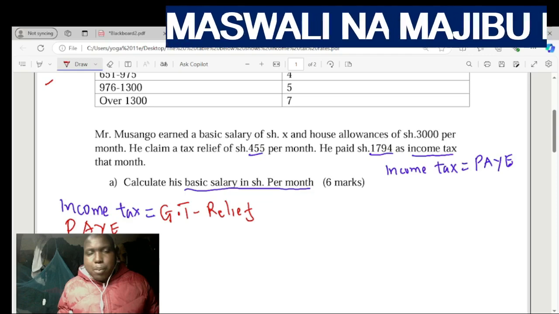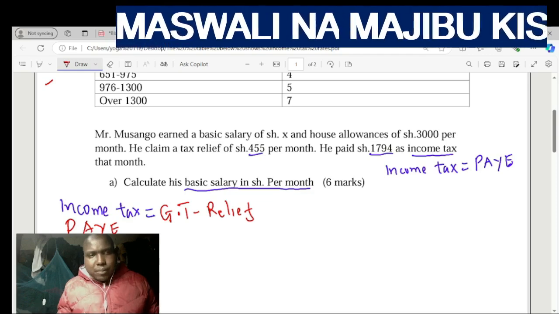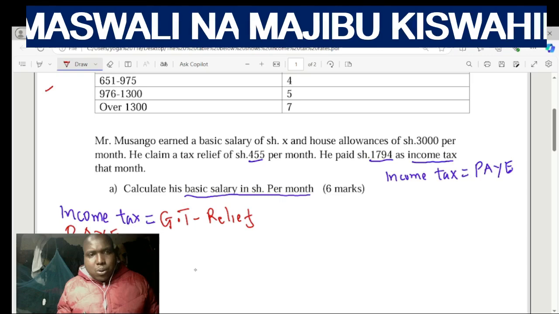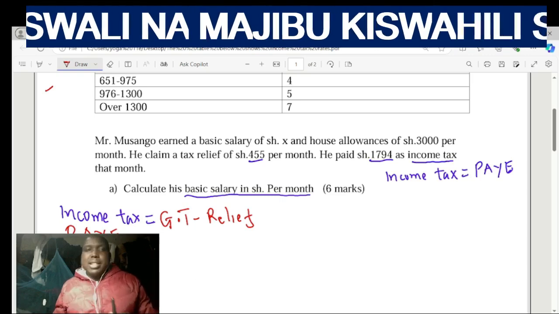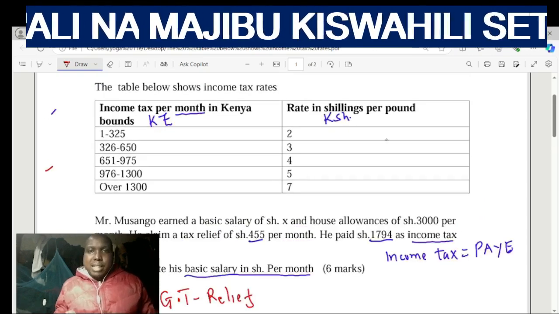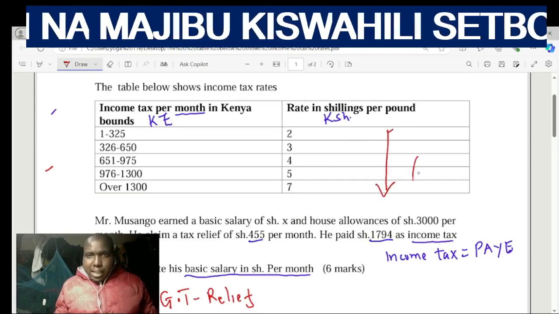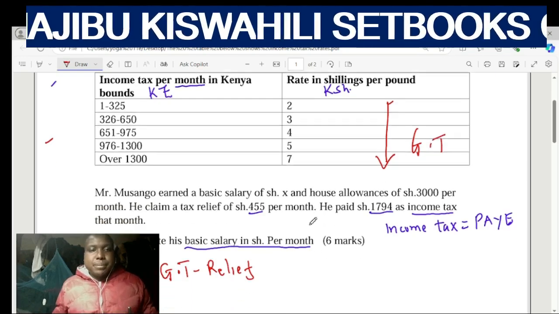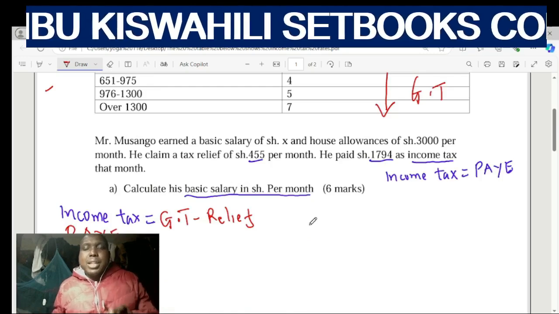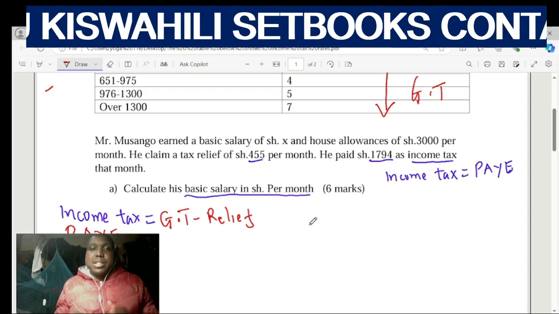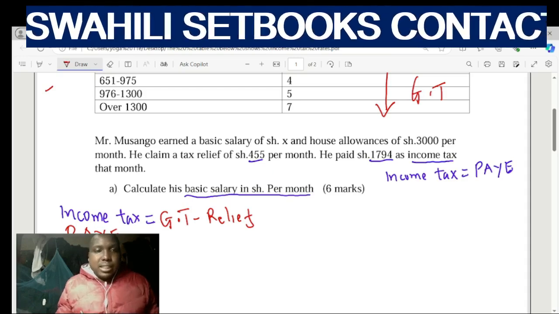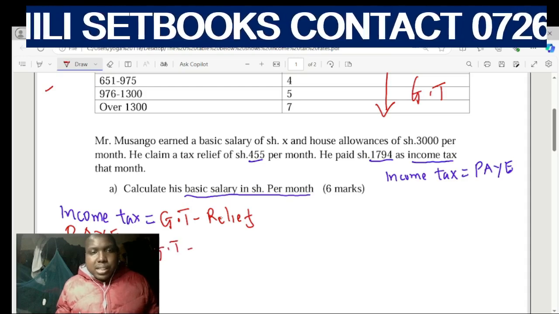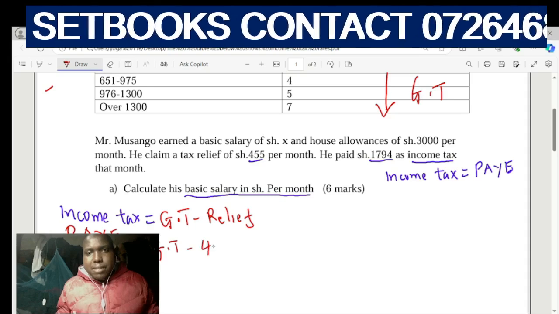So 1794 is equal to, what we want here is the gross tax, so that we know the tax that was applied to these bands. What was the gross tax, GT? That is what we want to find. So already from the PAYE we can get the gross tax first. So 1794 will be gross tax GT minus relief, and relief was 455 per month.